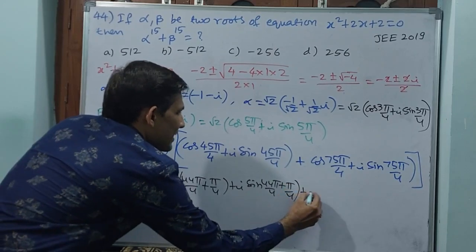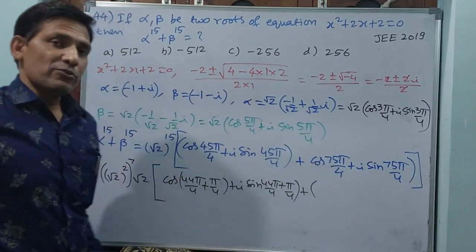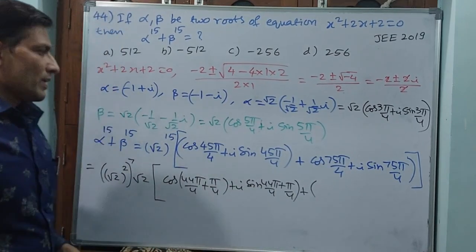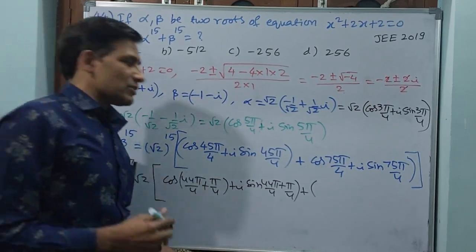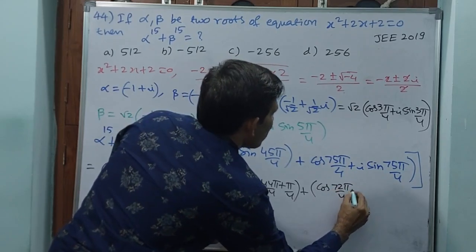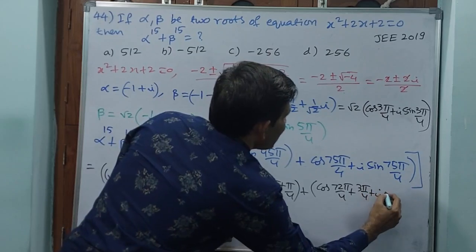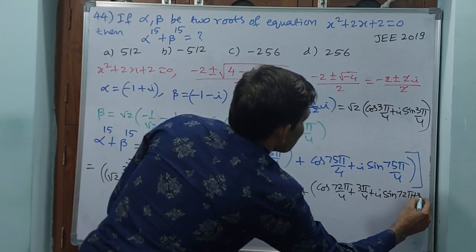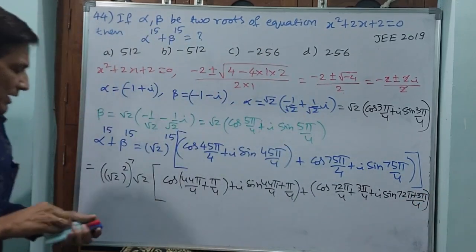Plus here, for 72, you take 4: 4 times 18 is 72, so 18 times it goes. Cos 72 pi by 4 plus 3 pi by 4, plus i sin same, 72 pi plus 3 pi by 4. Like that you take.